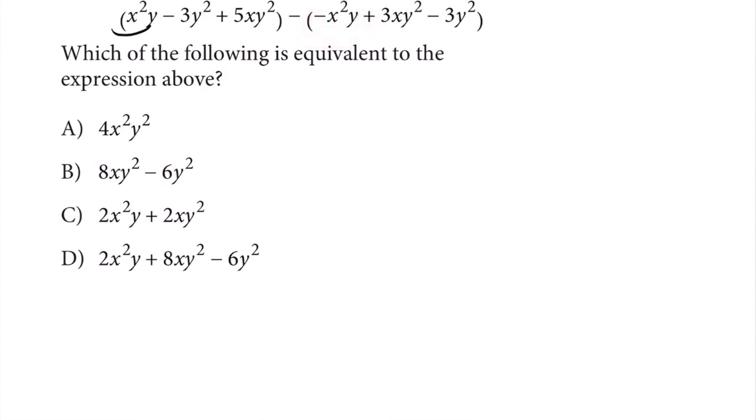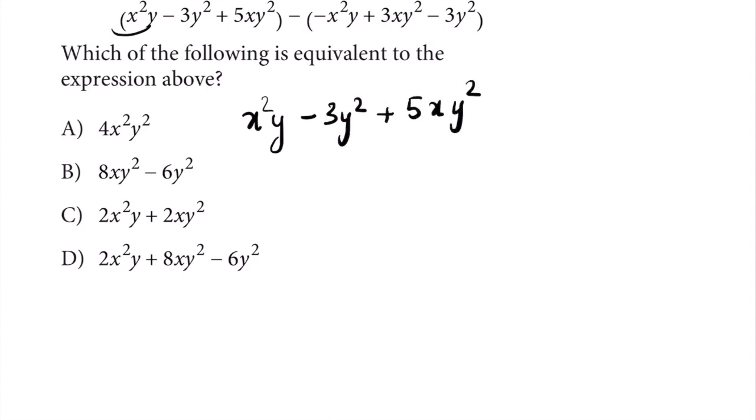Similarly, you can see 3y square here, and here also you have minus 3y square, so they are like terms. Here 5xy square and 3xy square are like terms. So I'm going to add up the like terms: x square y minus 3y square plus 5xy square.